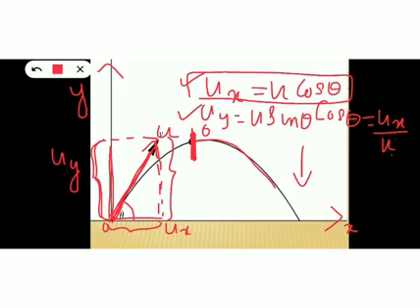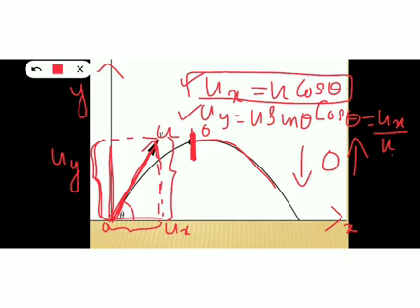At first it decreases, and on reaching the maximum height it will be 0, and finally when it comes down it increases. Okay, you must remember this concept. These are some of the important characteristics of projectile motion. So at maximum height, the object has only the horizontal component of velocity.